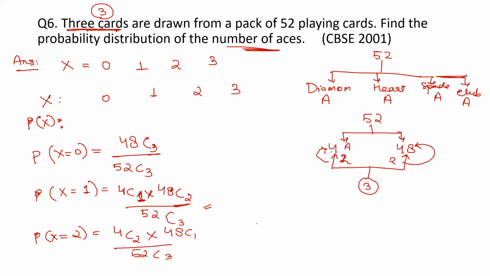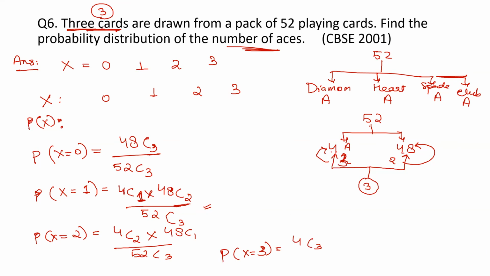Now, Aman, Umair, Abdul, tell me what will be the probability for x is equal to 1. Sorry, x is equal to 3. So 4c3 into 48c1 by 52c3. You need 3, so you have drawn all 3 from the aces.